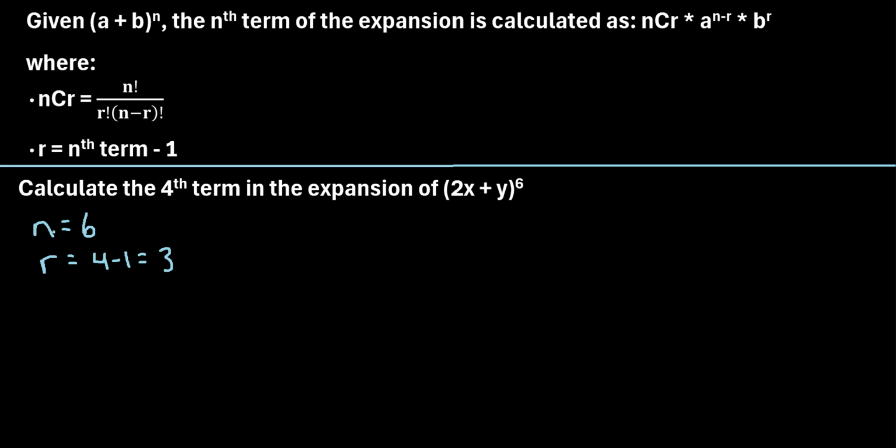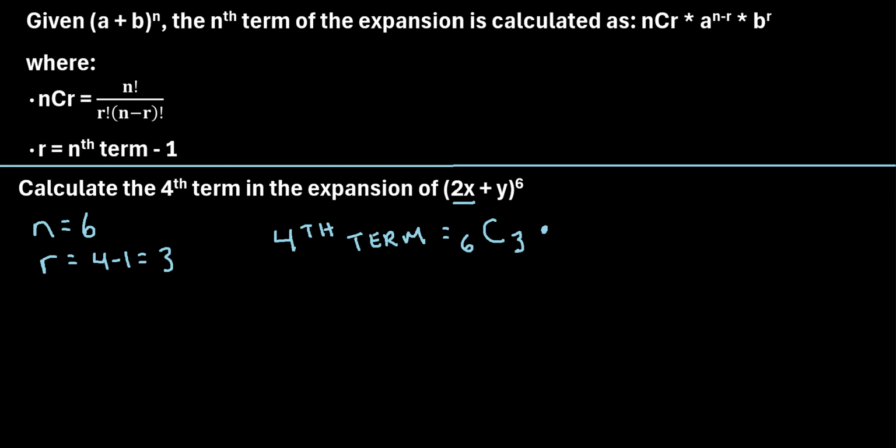So now that we've identified n and r, let's go ahead and plug in the values that we know into this formula to actually find this fourth term. So let's write fourth term. So we have n choose r, so n is 6, so let's write 6 choose r, r is 3. And then we're multiplying that by a to the power of n minus r. So a is the first term in the binomial.